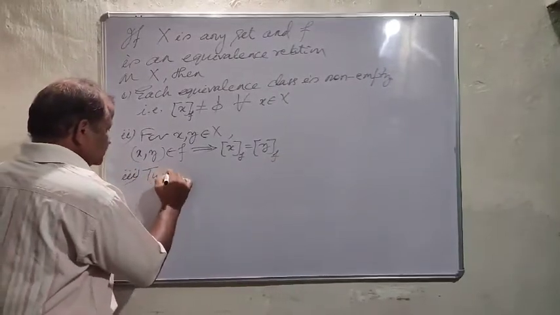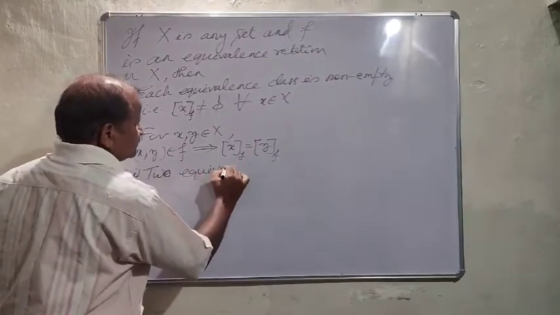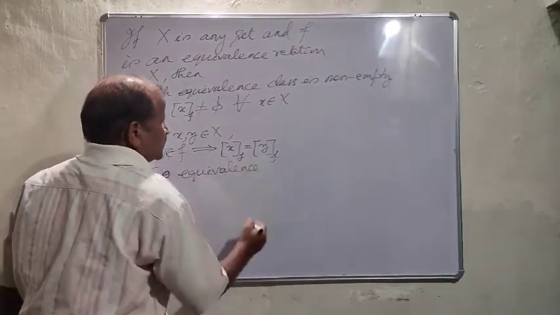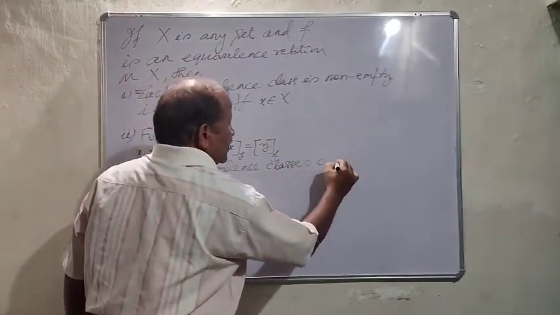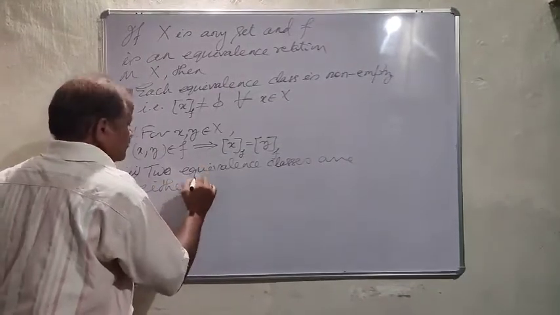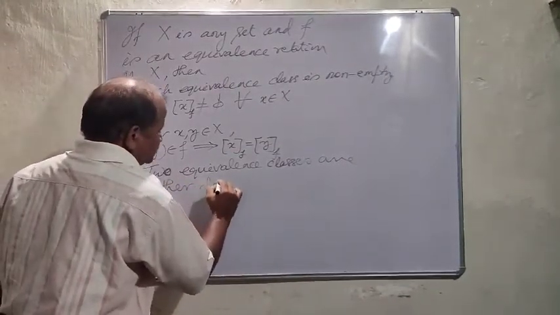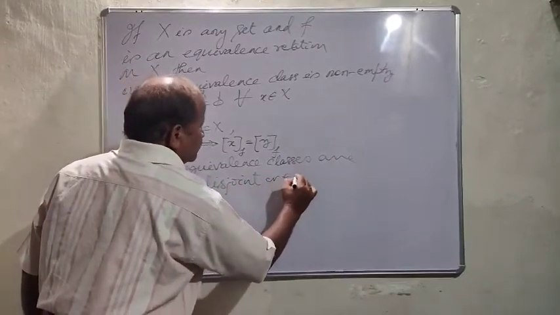Number three, two equivalence classes are either disjoint or equal.